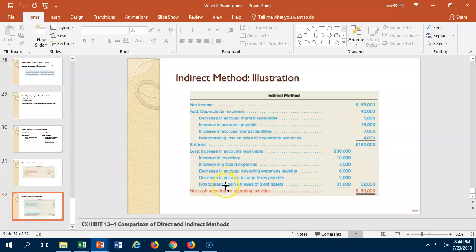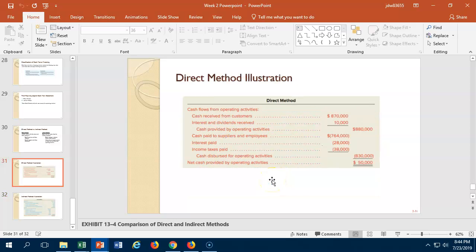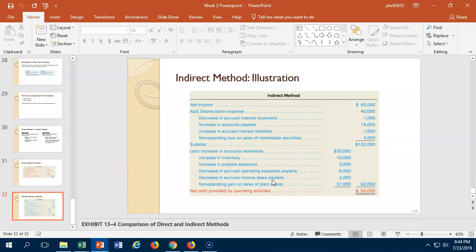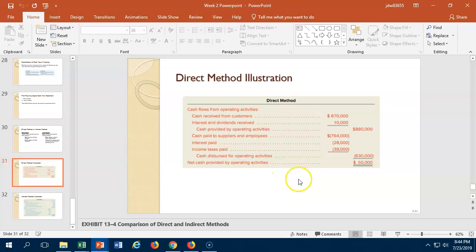It's asking which method results in the higher net cash flow. It would be the same. It's just you're analyzing it in two different ways. The direct method is just a simpler method. You're just seeing the basic inflows and outflows.